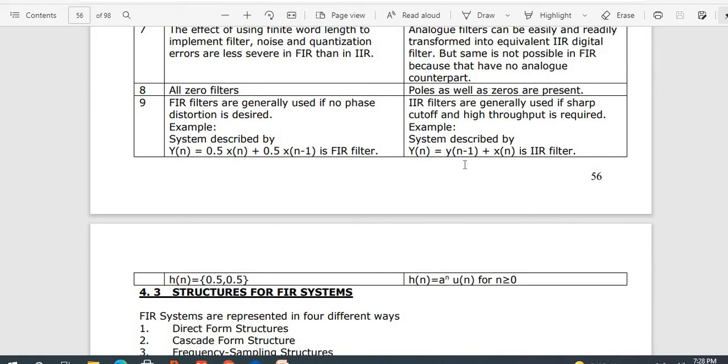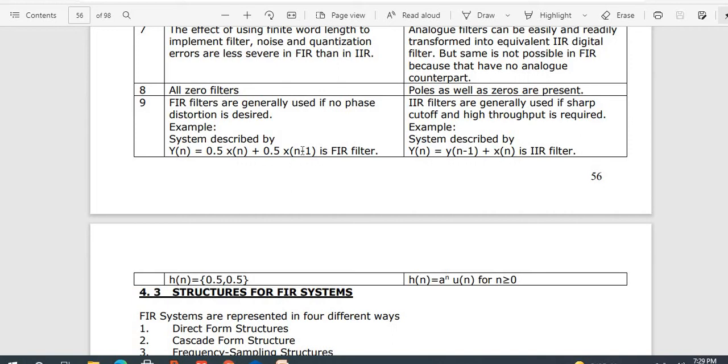You can see that there is a previous input as well. So in this, y of n equals 0.5 x of n plus 0.5 x of n minus 1. Only the present input and the past input you can assume. If they ask in the question to describe whether the system is FIR or IIR, you can say that if any filtration system depends only on the present input or past input, then it is FIR filtration.